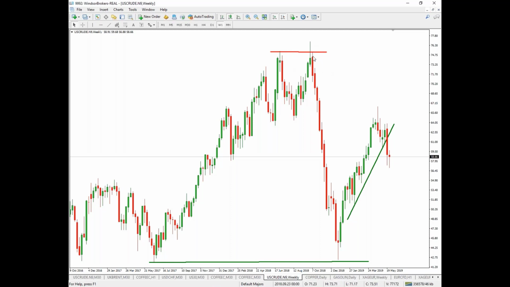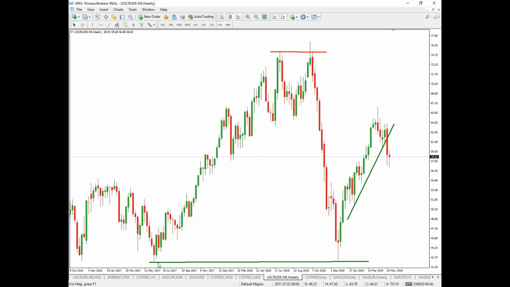Why? Because it left a double top. Okay, the levels are not equal, there is a difference, but two strong resistances, rejections at these levels, usually signal that the market will very likely change direction. And then we had this steep fall.